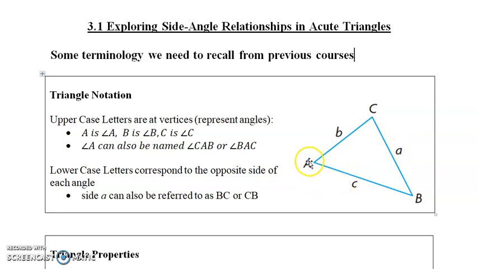If we label our angles capital A, B, and C, the sides opposite of those, so the length of, or the distance between A and C, which is opposite of angle B, would be lowercase b. It's the same as we did in Math 10 when we did the trigonometry. Now remember, sometimes we don't just call it angle A, we call it angle CAB or BAC.